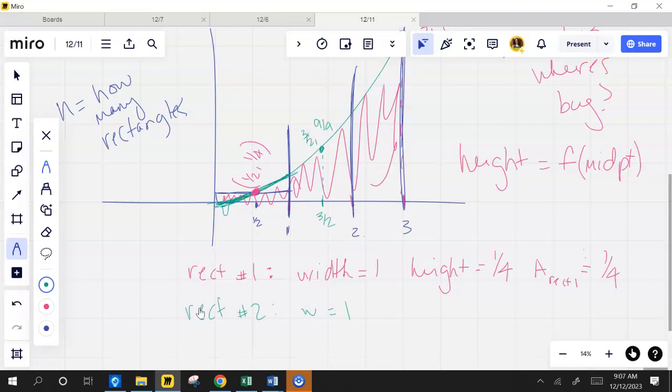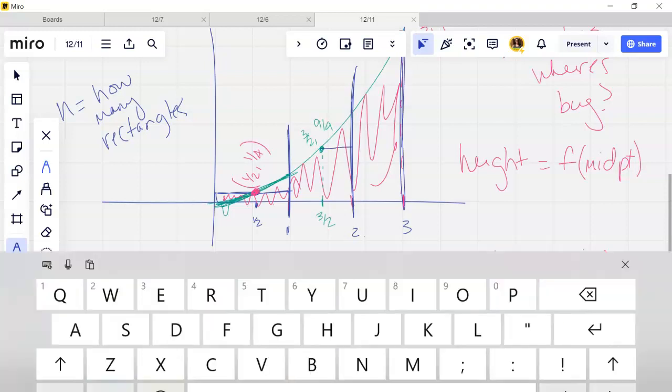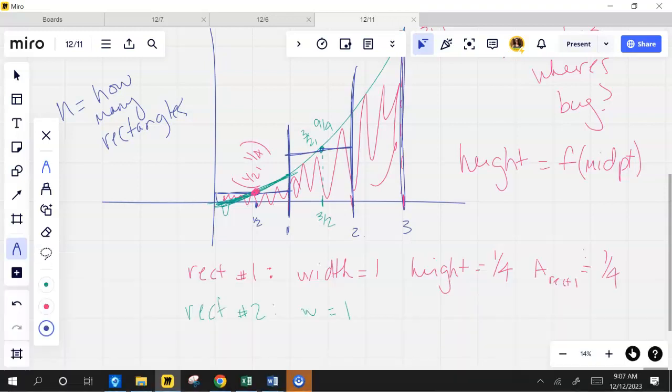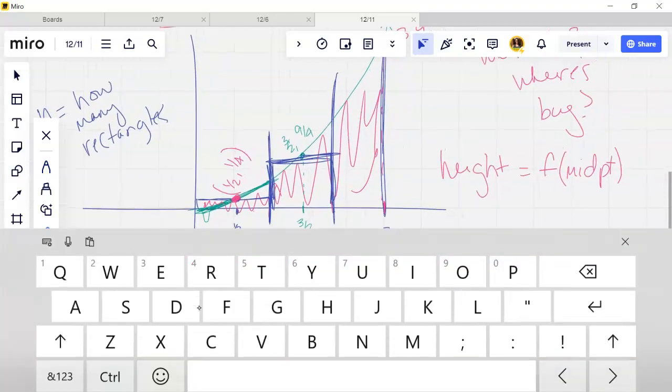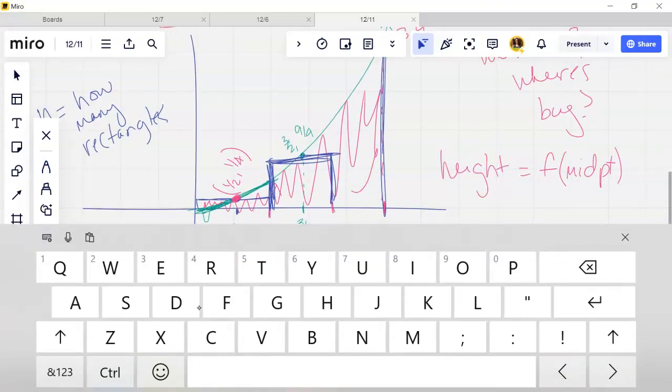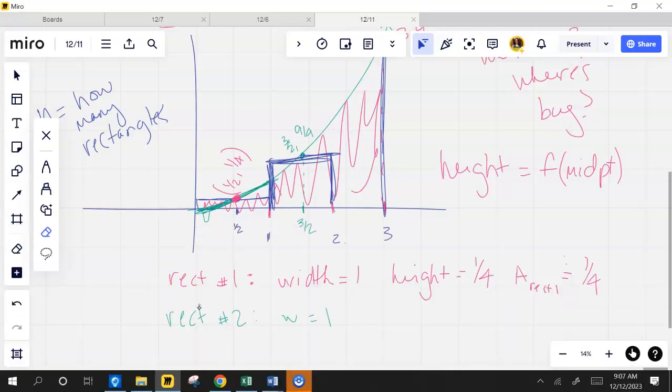So this rectangle looks like this. Do you see how I am still missing some, but yet gaining a little bit extra here, okay?